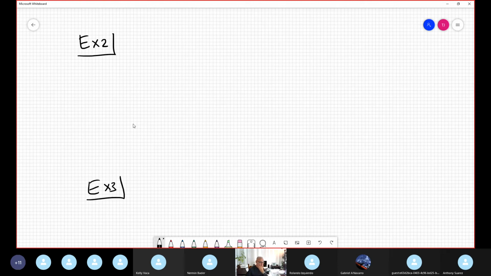In this case, it's non-linear. Suppose x squared plus y squared less than or equal to 4. And this is similar: x squared plus y squared greater than 4.